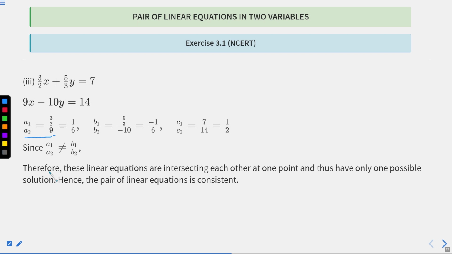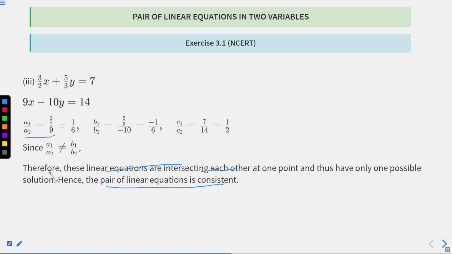And the ratio c1 by c2 is equal to 7 by 14, that is equal to 1 by 2. Since a1 by a2 does not equal b1 by b2, therefore these linear equations are intersecting each other at one point and have only one possible solution. Hence, the pair of linear equations is consistent.